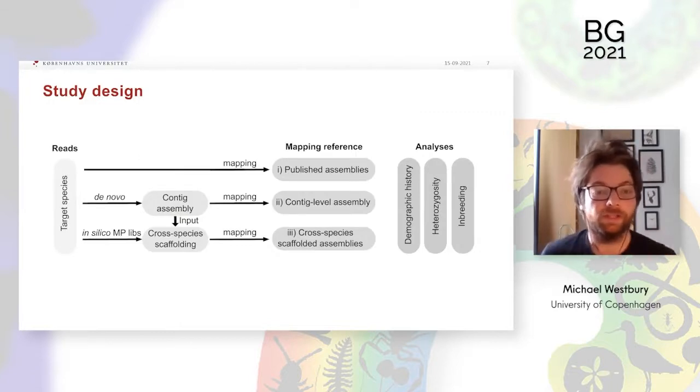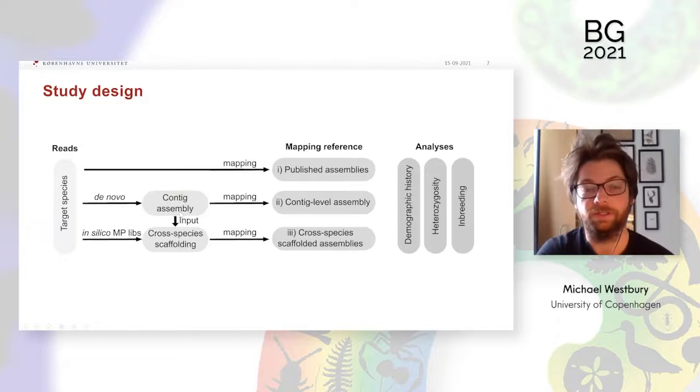So this is absolute genome divergence, if you will, pairwise distance. The way we conducted the study was first we obtained the reads from our target species, either the beluga or the roe kiwi, and mapped that to the published assemblies I just showed, and conducted the analyses based on that. Or we took those raw reads, created a contig level assembly, and then used cross-species scaffolding to put the contig level assembly together in different ways, one for each different reference genome.